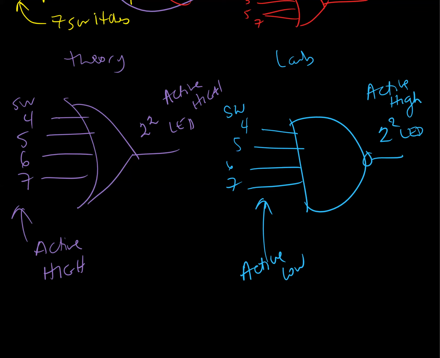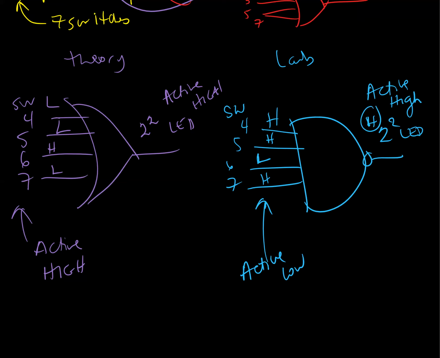So in the case where in theory we had switch 4 low, 5 low, 6 high, and 7 low, in the lab we actually kept the switches high except for switch 6, which we put low. And then we got a 1 at the output, or a high at the output here to turn the LED on.